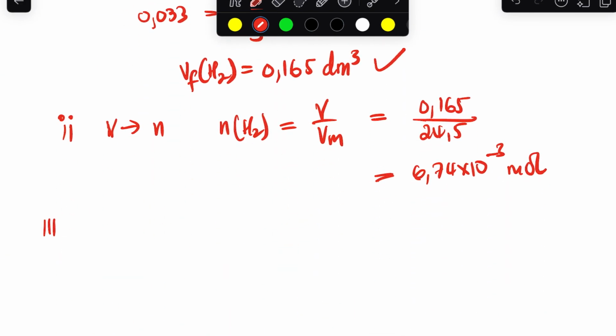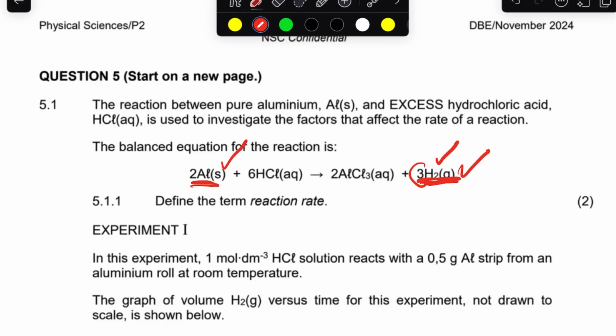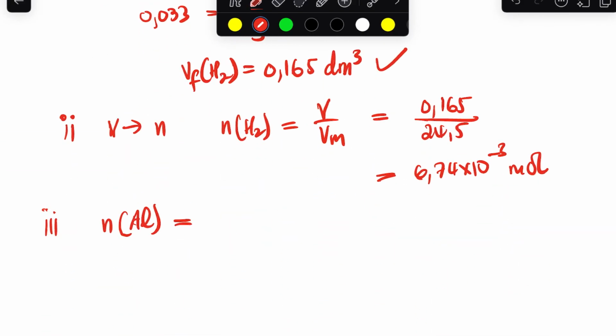So step number 3. We want the number of moles of aluminium is equal to the ratio there, guys, which is 3:2. So it's going to be 2/3 times the number of moles of what? Of hydrogen.